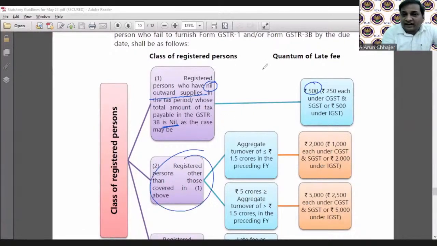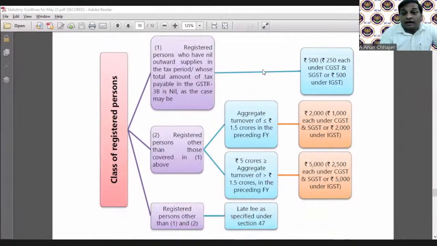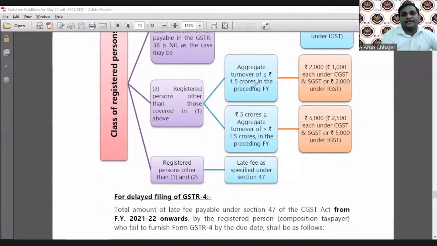Now suppose I have some output tax liability, then earlier it was 10,000. Now they are saying if your aggregate turnover is up to 1.5 crore, maximum late fees would be 2,000: 1,000 CGST, 1,000 SGST, or 2,000 IGST.